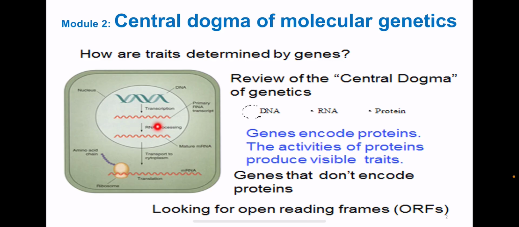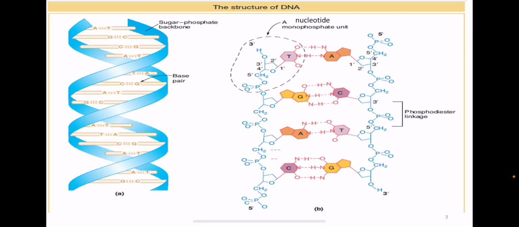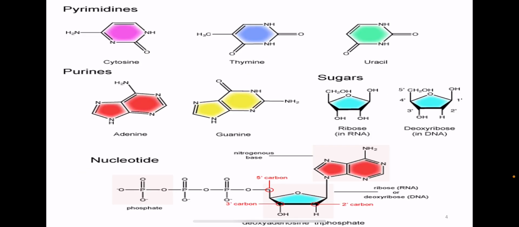Until we get to the stop codon, the polymerase runs along transcribing the entire strand. So from the start codon to the stop codon, that's what we call the ORF.